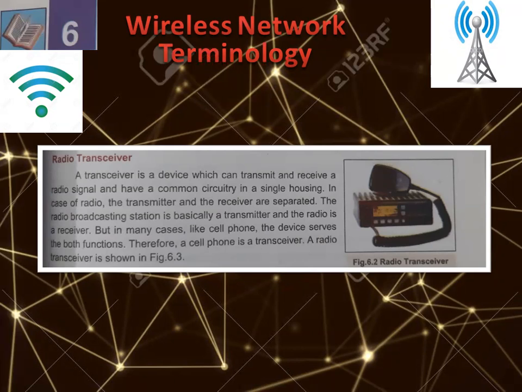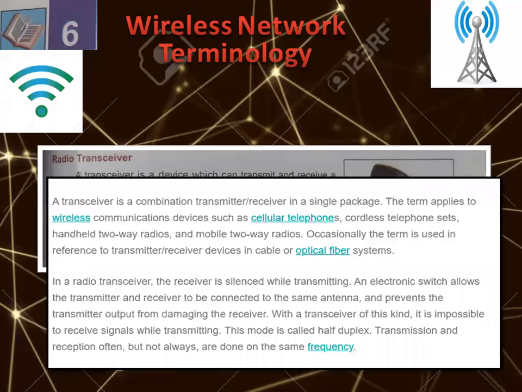But in many cases, like a cell phone, the device serves both functions, therefore a cell phone is a transceiver. And on your screen, you can view a radio transceiver in a diagram. So this is a radio transceiver, a device which can transmit and receive radio signals and has common circuitry in a single housing system.